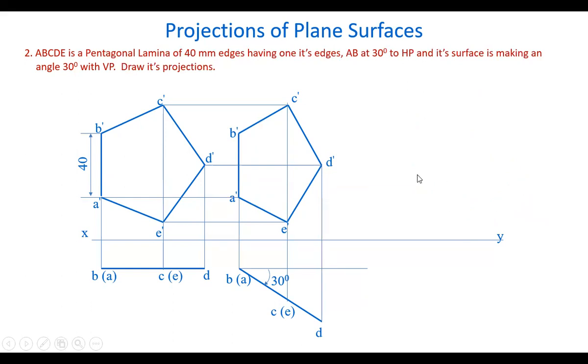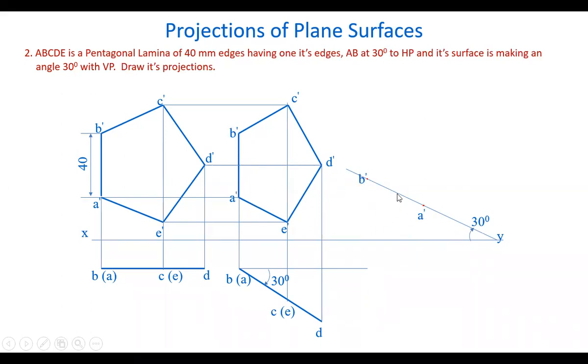Now let's see how to draw. Take a line at a 30 degrees angle and reproduce the same front view here such that you get the AB edge on this line. Take two reference points, A here and B here, mark it AB. The same distance is marked.